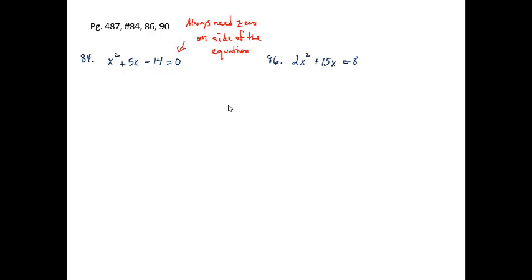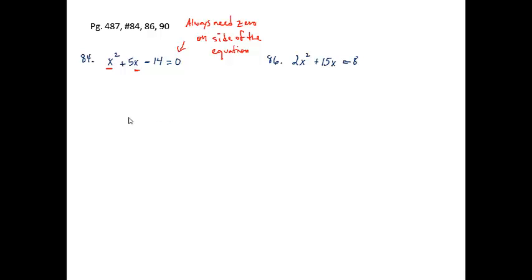Now, for problem 84, it's already set up that way. So what we basically need to do is solve for x. What we mean is there may be a number such that if I plug it in for x and do this calculation, I will end up with 0. So our goal here is to find out if that x exists and what it is.